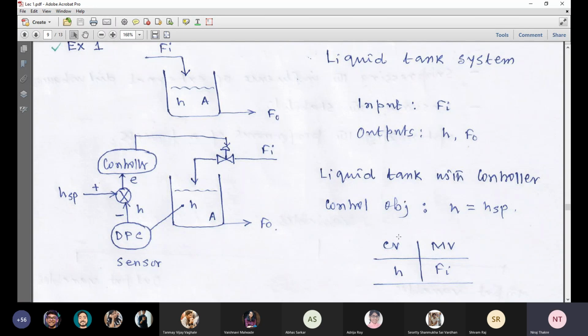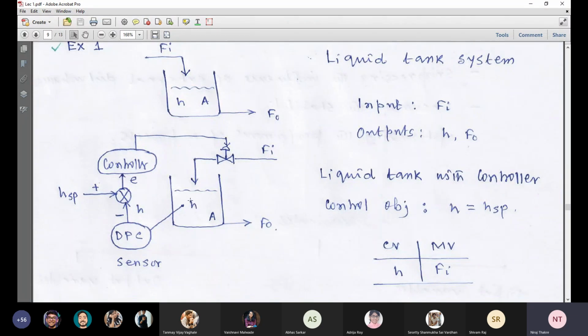Clear? Now you need to find the corresponding manipulated variable. This manipulated variable you can find through physical understanding. Theoretically also it is possible. I'm coming to that point. But before that, physically also you can understand this.